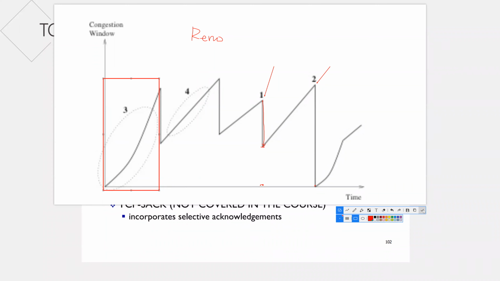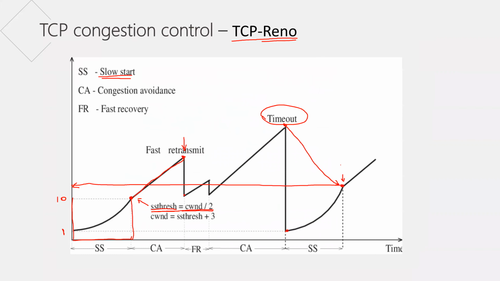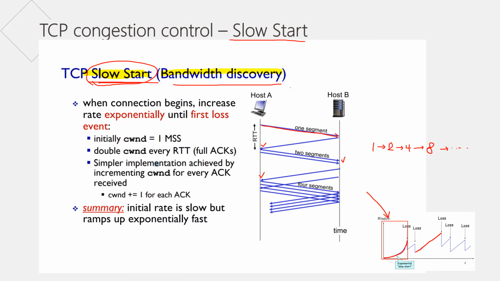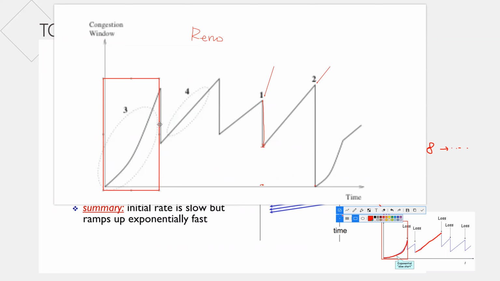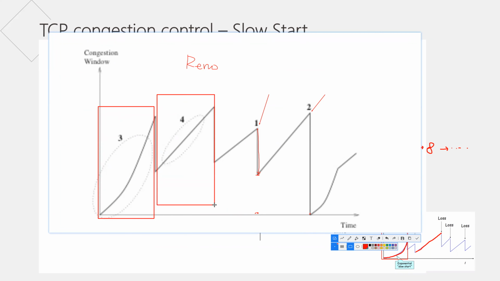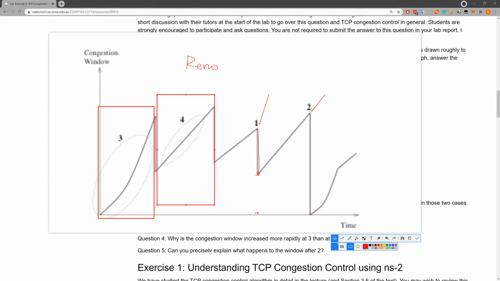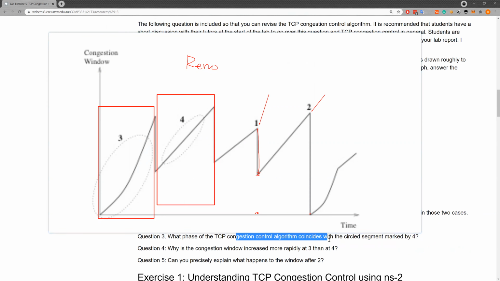How can we call it? Yeah, bandwidth discovery. But you can say it's slow start, that should be okay. Now, what is this part, number 4 here? This part is obviously the other one, AIMD. So I think that should be enough for the first one.